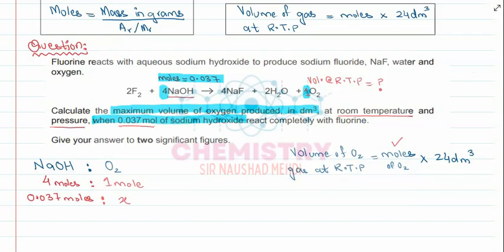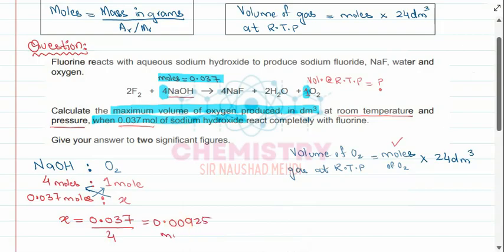Right now we have 0.037 moles of NaOH, so X moles of O2 will be produced. To determine X, you cross multiply, and you get X equals 0.037 divided by 4. In the calculator, dividing 0.037 by 4 gives 0.00925. These are the moles of oxygen gas, O2.